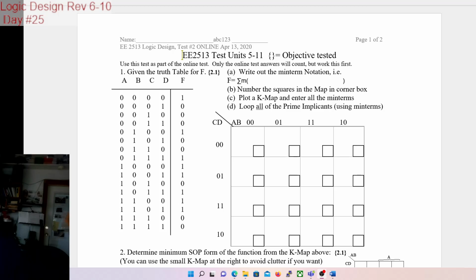Starting with the POS form, how do we switch this? This is pretty simple. We just do the double inversion and partially expand it. When we do the double inversion, then we get A prime plus C plus D prime primed plus B prime plus D plus C prime prime quantity prime.